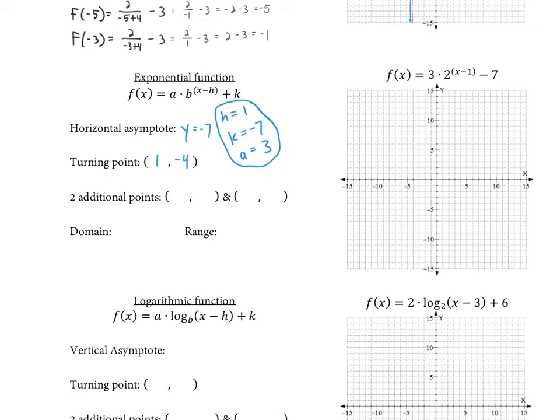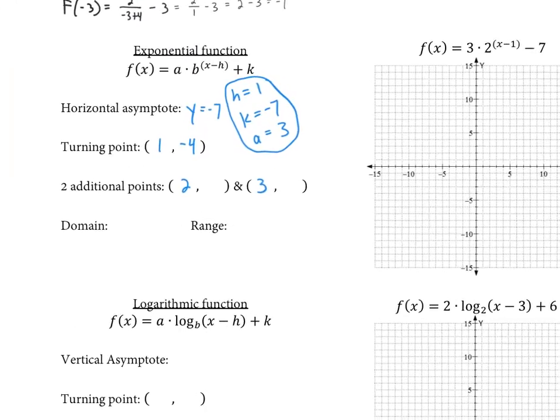So you don't have to memorize all this stuff if you have a tough time memorizing. Just learn how to do it a little bit more. Okay, so 2 additional points, h plus 1 and h plus 2. So h plus 1 is 2, h plus 2 is 3.